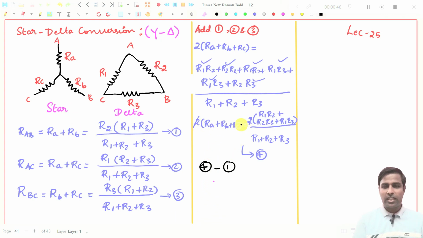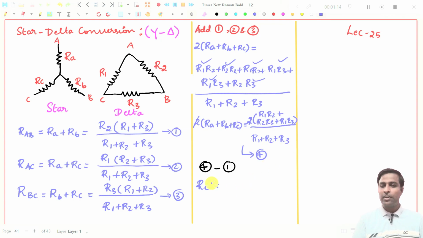So you just subtract this one with this one, that means 4 minus 1. RA will be cancelled out, RB will be cancelled out. Only you will get RC, and that should be equal to, you see, the denominator here is R1 plus R2 plus R3, as well as here it is R1 plus R2 plus R3.